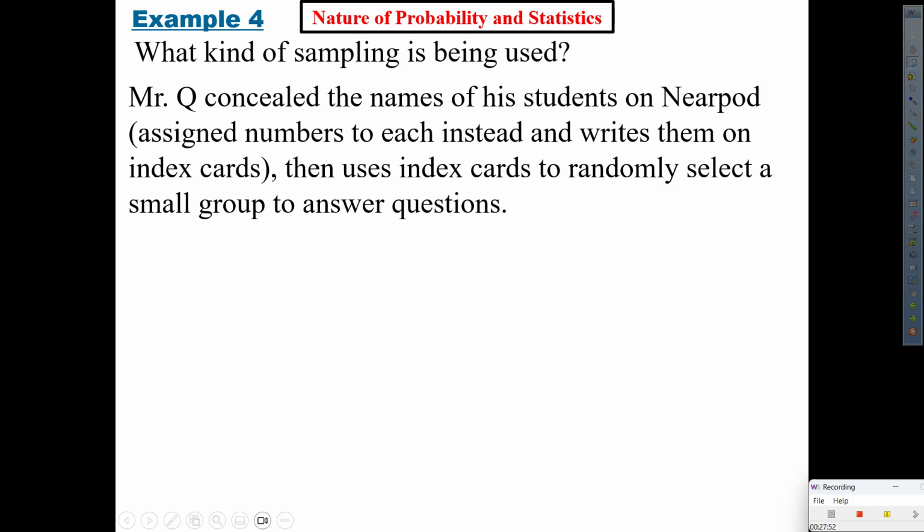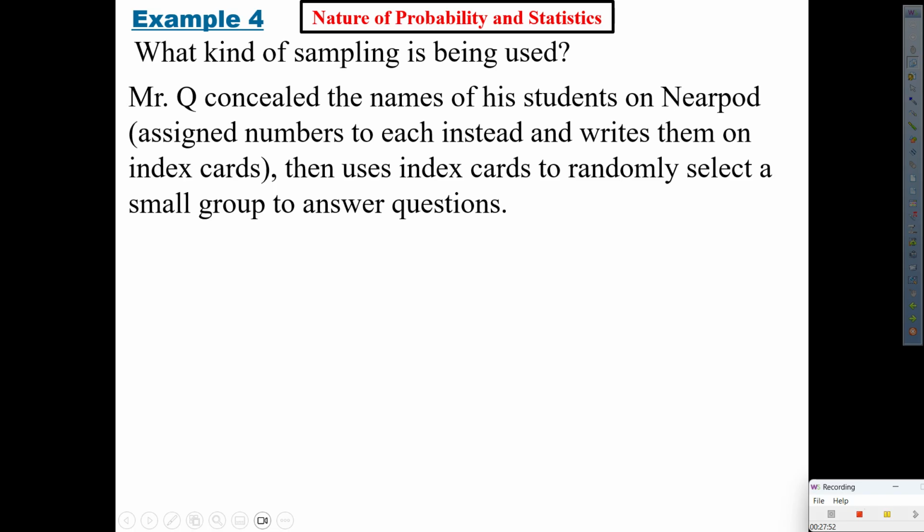What kind of sampling is that? So with Kayla, what kind of sampling is this? Random is correct. Yeah, so I just randomly start pulling cards and asking questions.